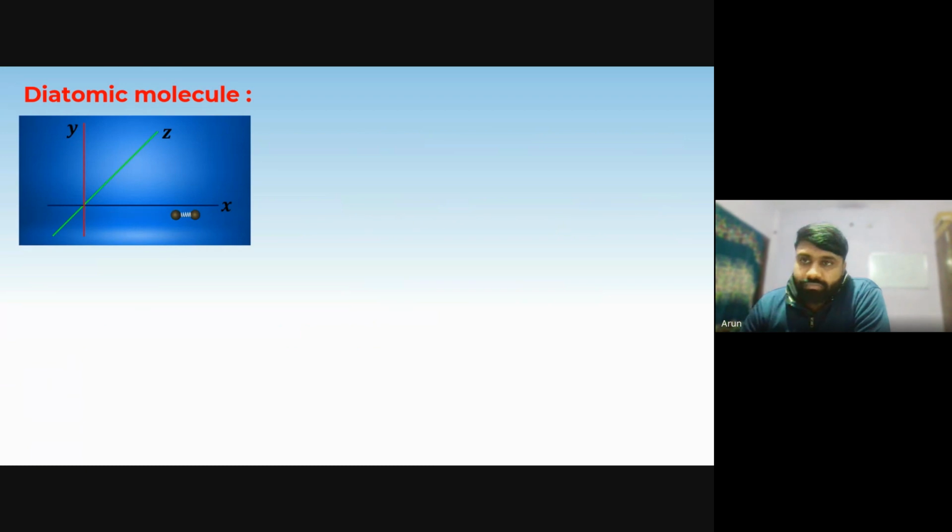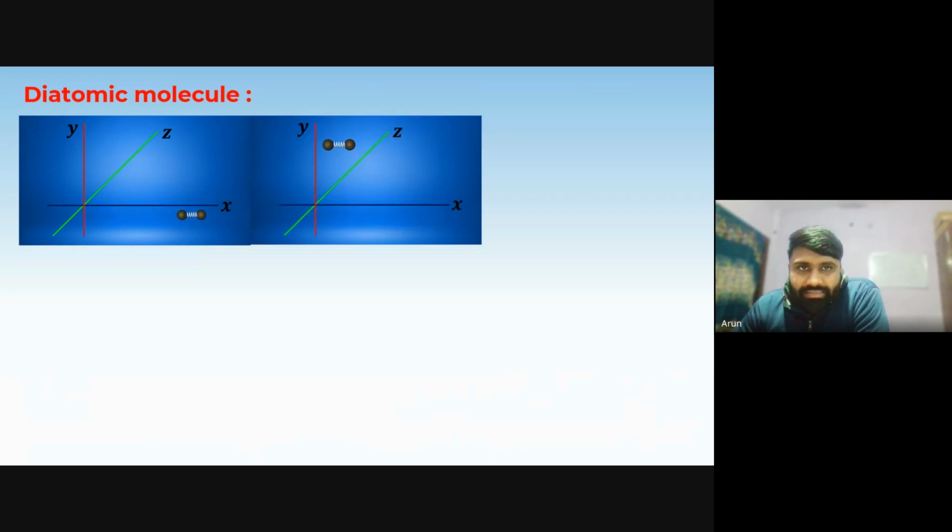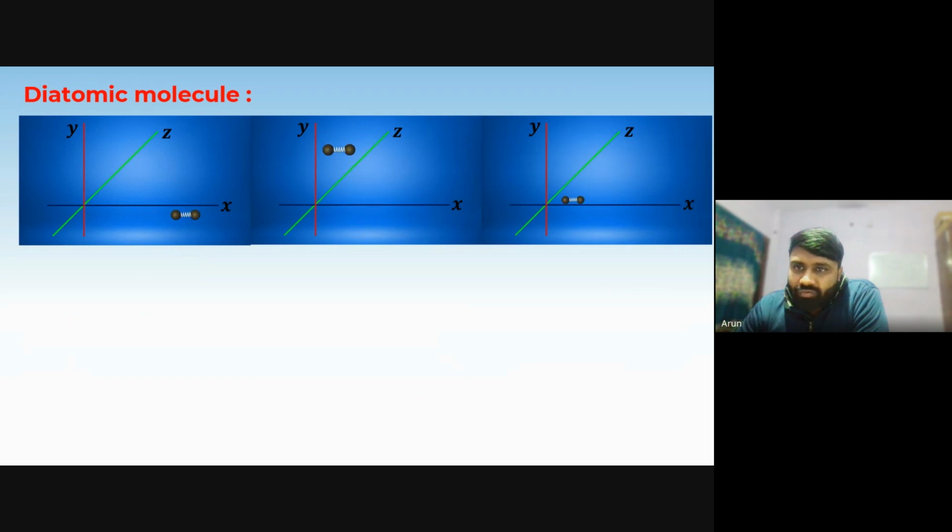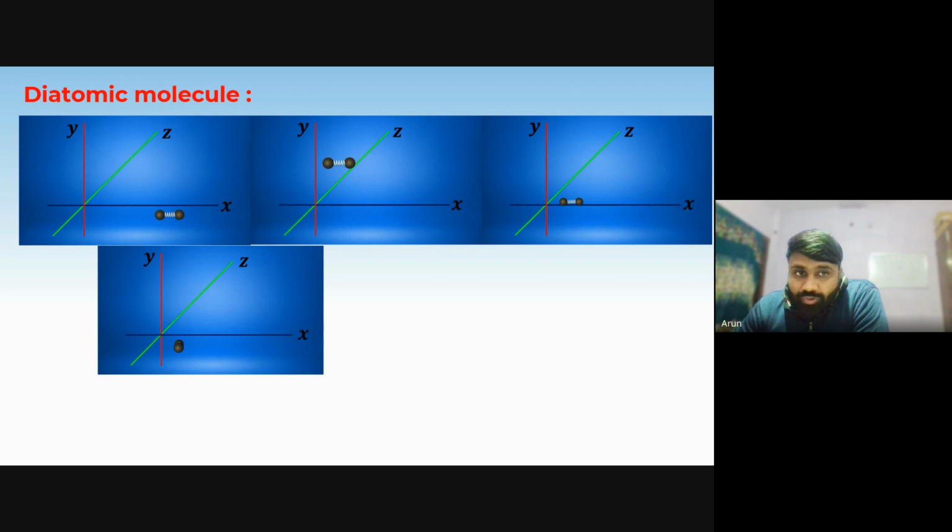Now, how are they possessing the 5 degrees of freedom? Firstly, this is the diatomic molecule, so two atoms are attached. You can see here, it can move along the x-axis, no problem in that. Same way it can move along the y-axis, and in the same way along the z-axis. But it can also rotate about its own axis in this way.